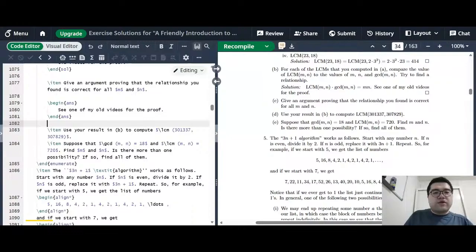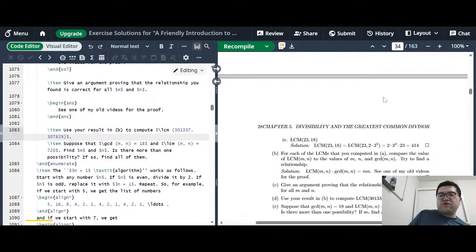Okay, so now we want to find the GCD in order to compute this result, because in the first problem we have actually learned a different method to find the GCD.